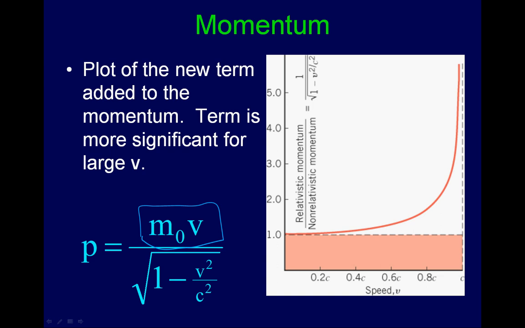You get this curve that gets steeper and steeper as you go along. What this curve turns out to be is essentially just a graph of that gamma that we were talking about. As the speed gets closer to c, it gets very, very steep.